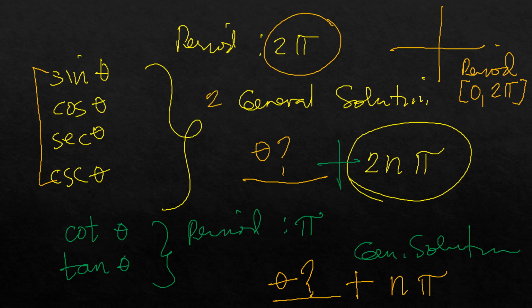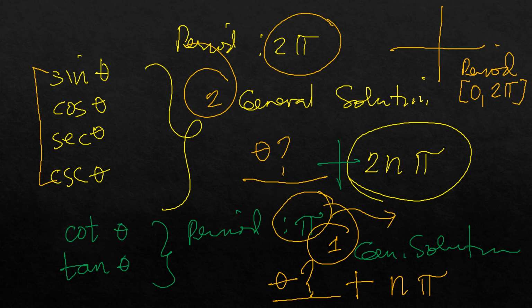However, in cotangent and tangent, you can only have one general solution. In the idea of period, the first thing you need to identify is the smallest angle that can provide the solution. So get that angle and add that to n pi to get the general solution.